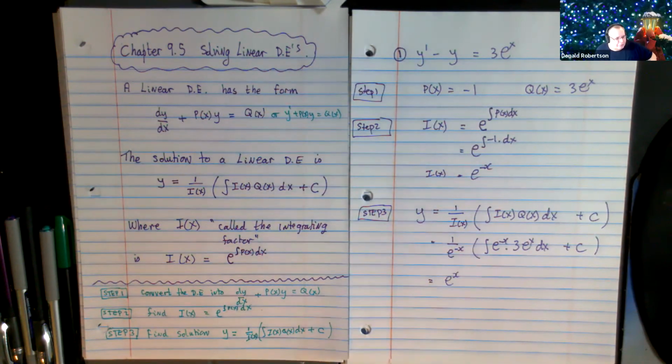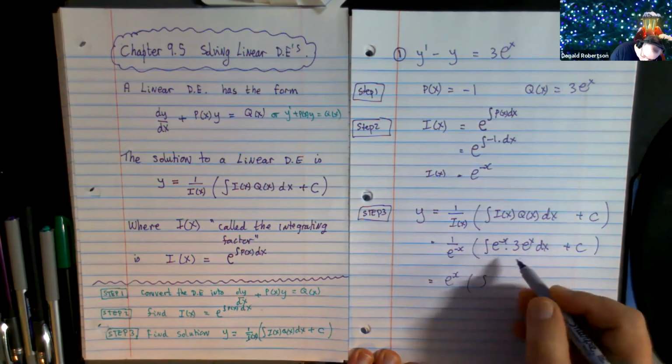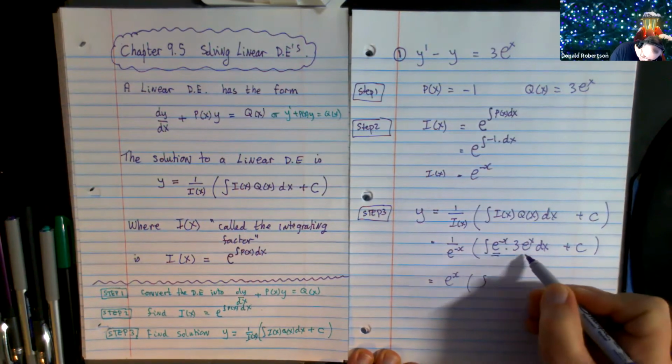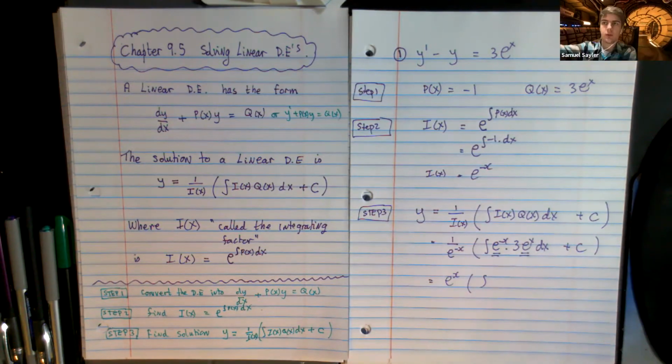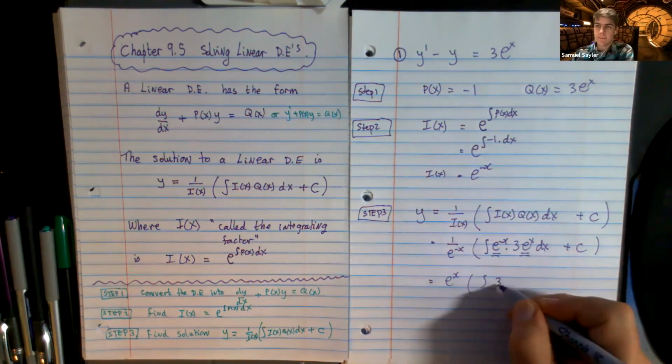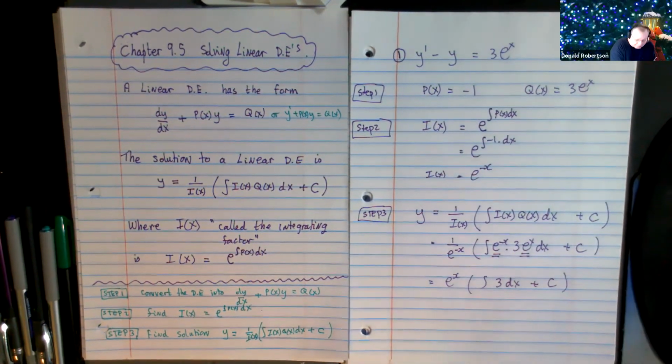We've done this up and down, top to bottom, bottom to top in other situations. Now, what does e to the negative x times e to the x get you? 1. So that's just 3 times 1, which is 3. So have you seen that this has now simplified quite a bit? It's now 3.